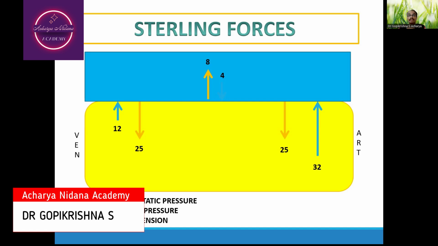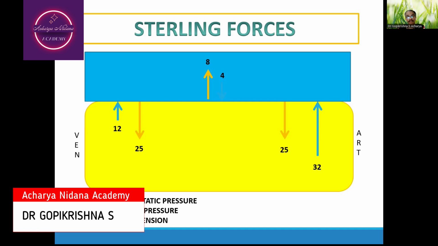That means the oncotic pressure is responsible for the movement of fluid from the interstitial space to the capillary. In other words, it has an exactly opposite effect to the hydrostatic pressure. In the same way, the interstitial space also has hydrostatic pressure and oncotic pressure, which are again responsible for the pull and push effect respectively.